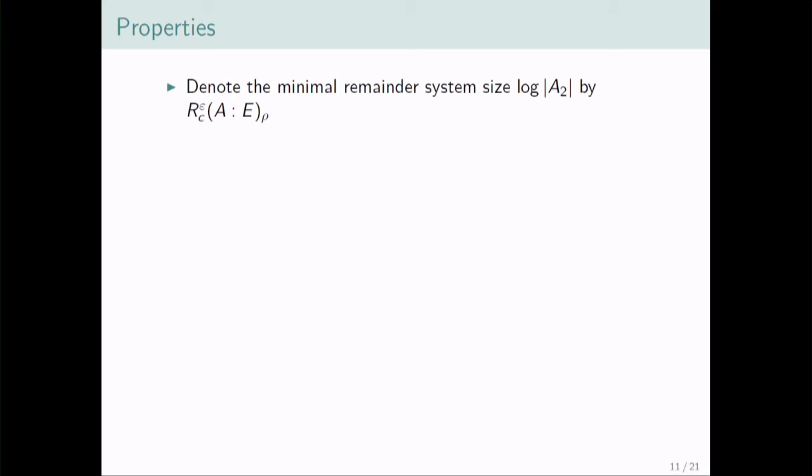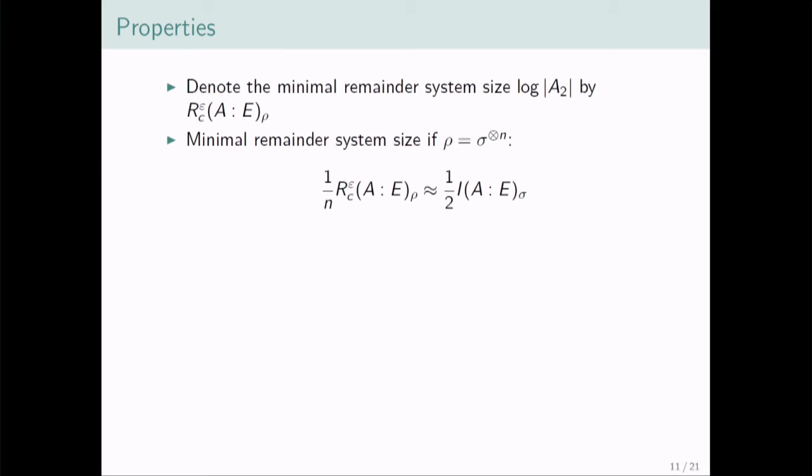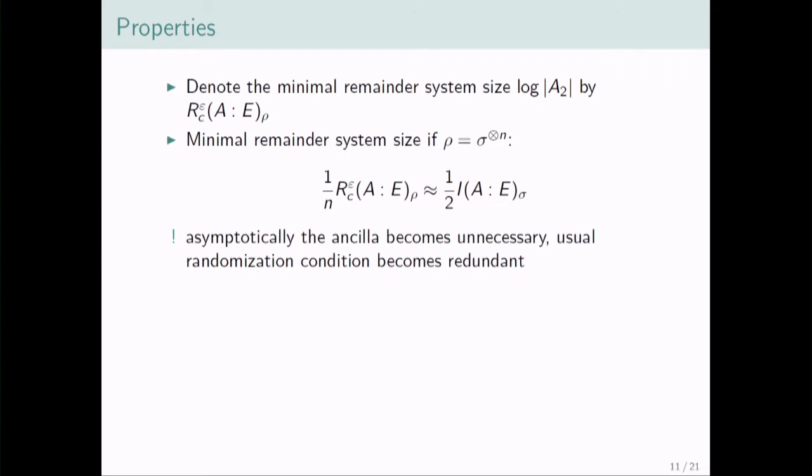Maybe I should go quickly through this slide to get to the second part. We can show an asymptotic equipartition property, that is, we recover the statement about regular decoupling in the asymptotic setting, and this shows that in this case the ancilla becomes unnecessary, and the randomization condition is redundant, which is also to be expected because all marginals in the asymptotic setting anyway have a flat spectrum.